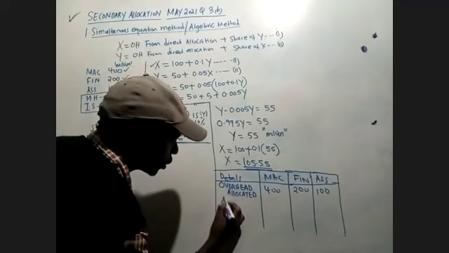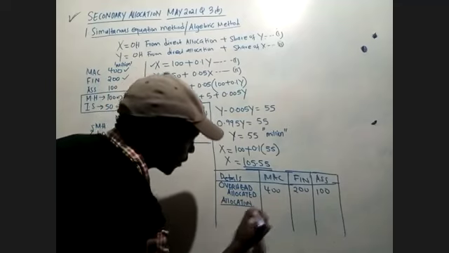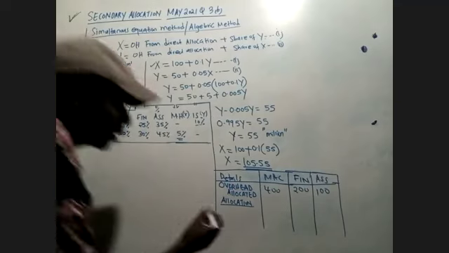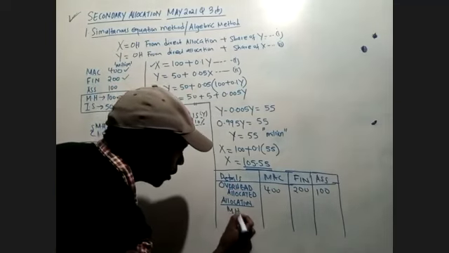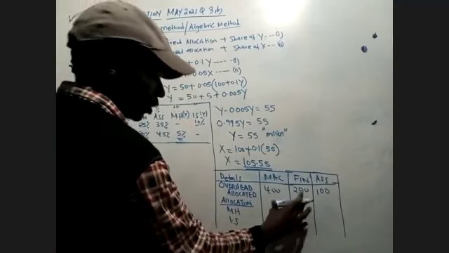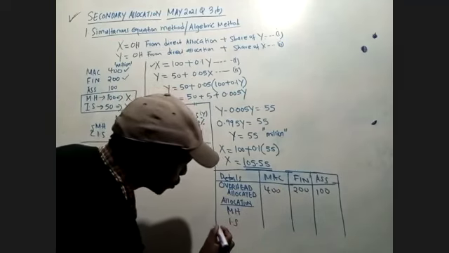Now let's do allocation for the other. Which one? So tuko na material handling na AS. So kwanza inafaa itoke huko ikuje hapa. So material handling na inspection.